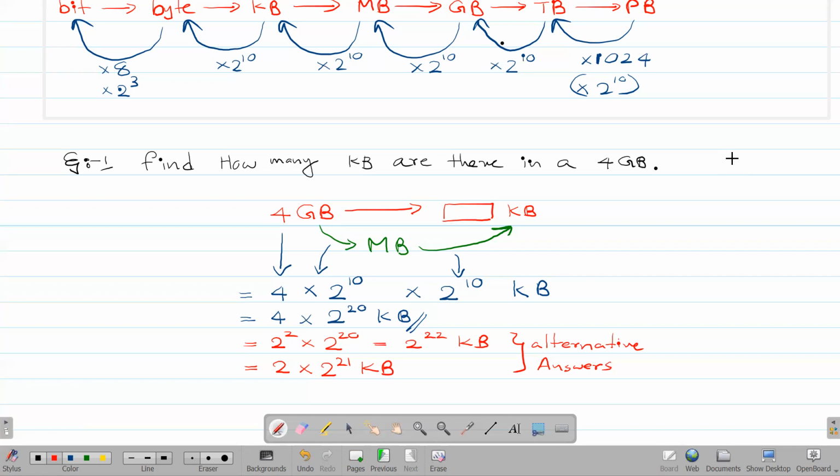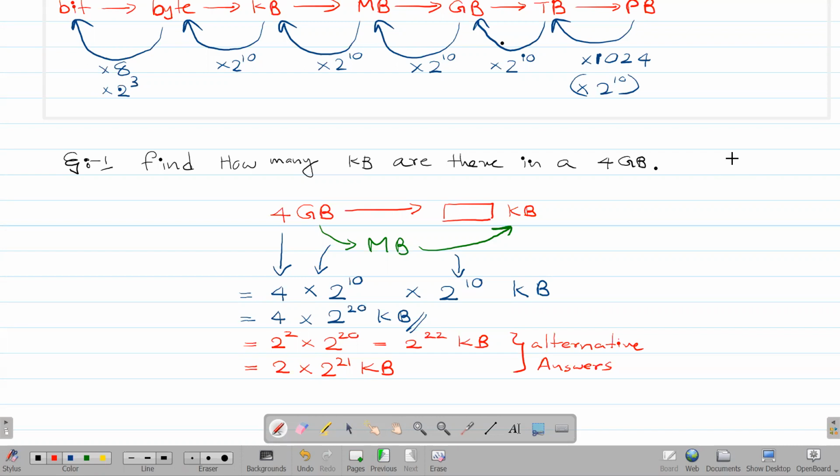So don't worry about it. It's much better if you have it as a 2 to the power. That will be sufficient. So you can have many different ways of representing 2 to the power 22 kilobytes. It's just a number game when you know the number. Is this clear, everyone?